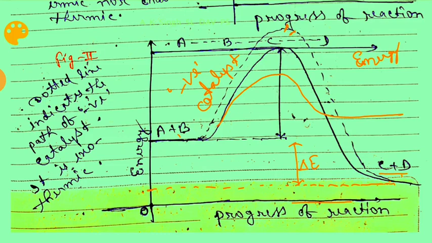That clearly indicates that the reaction is exothermic or endothermic, after adding catalyst or without catalyst. So the dotted line always indicates the use of catalyst, means reaction occurs due to catalyst. So you can write easily exothermic reaction, endothermic reaction, or the reaction which is neither exothermic nor endothermic.